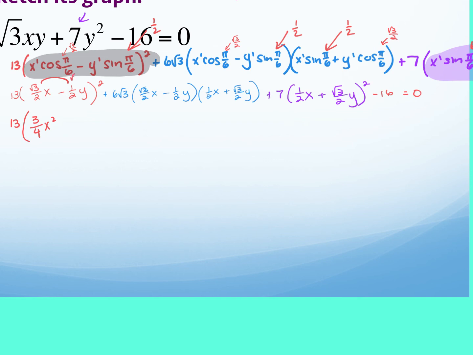So this would be root 3 over 4 times 2. It's negative 2 root 3 over 4 x y. I'm going to leave that as over 4, not simplify it, because you're going to see in a moment we're going to get rid of all the fractions, so we might as well keep them the same. And then square the last term, so the square of 1/2 y would be 1/4 y squared.